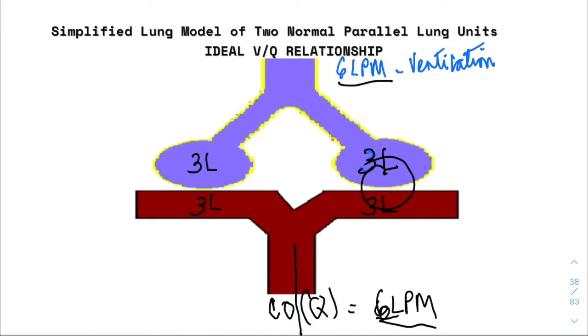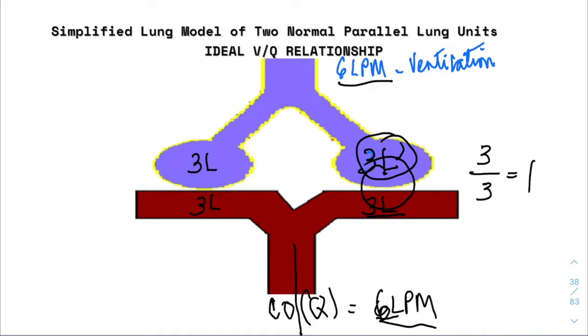This is what you term the ideal VQ relationship. You have to match whatever amount of gas is present in the respiratory unit with the blood flow in your pulmonary artery. So a ventilation of 3 against a perfusion of 3 is equal to 1.